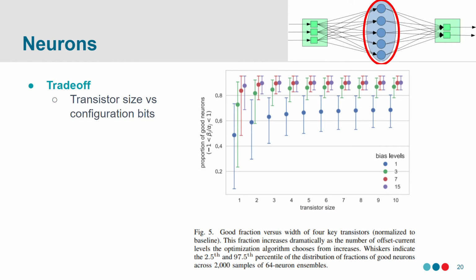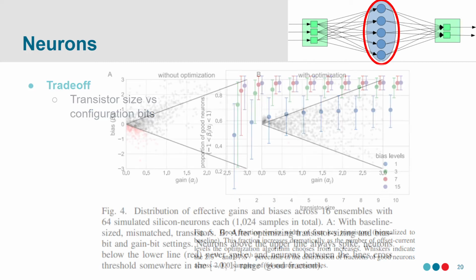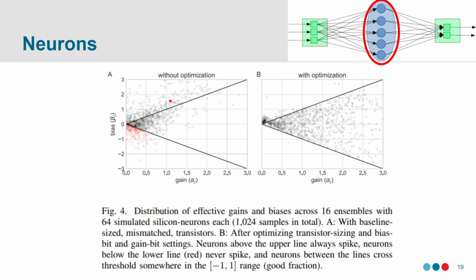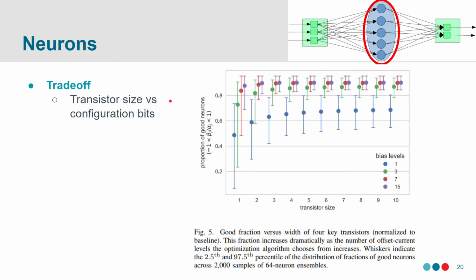Of course, this amount of mismatch and variability, and how much we can save, is going to depend on how many levels of bias I have to control, and on the size of the transistors, because that affects the amount of mismatch I have.